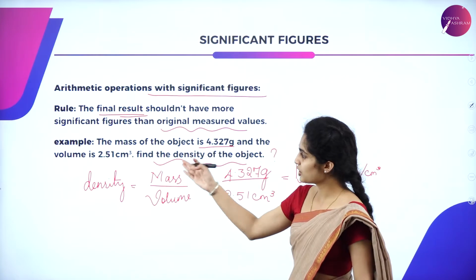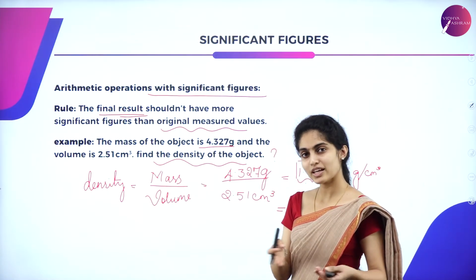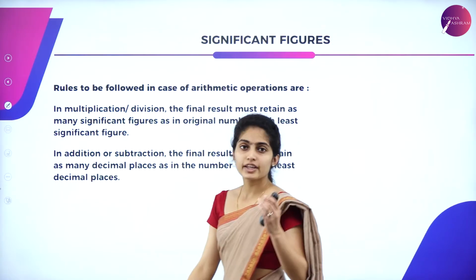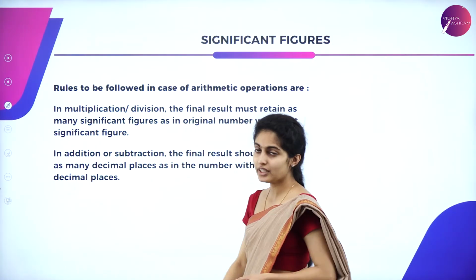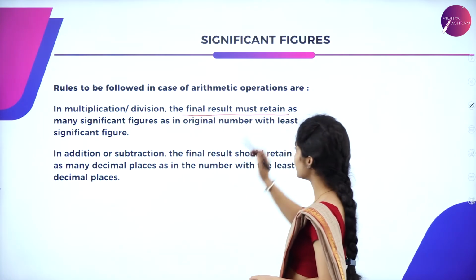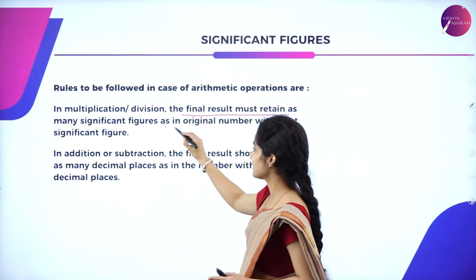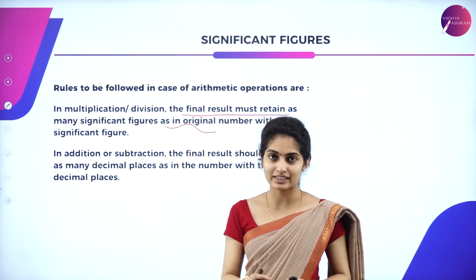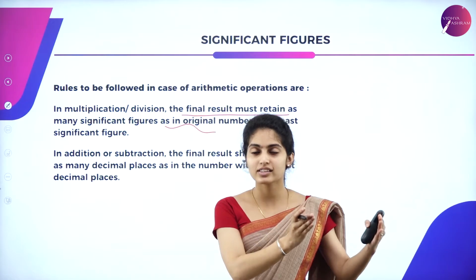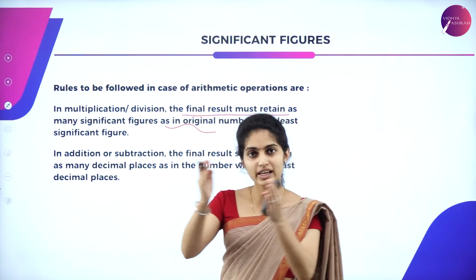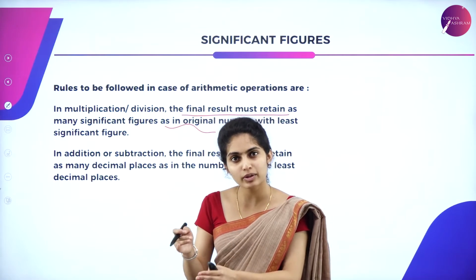So this is what is generally told for arithmetic, that is either addition, subtraction, multiplication, division. According to the set of rules, in multiplication or division, the final result must retain as many significant figures as in the case of original values. Consider this side, it consists of original values and this is the result. So when you are getting the result, how are you supposed to put up the result?